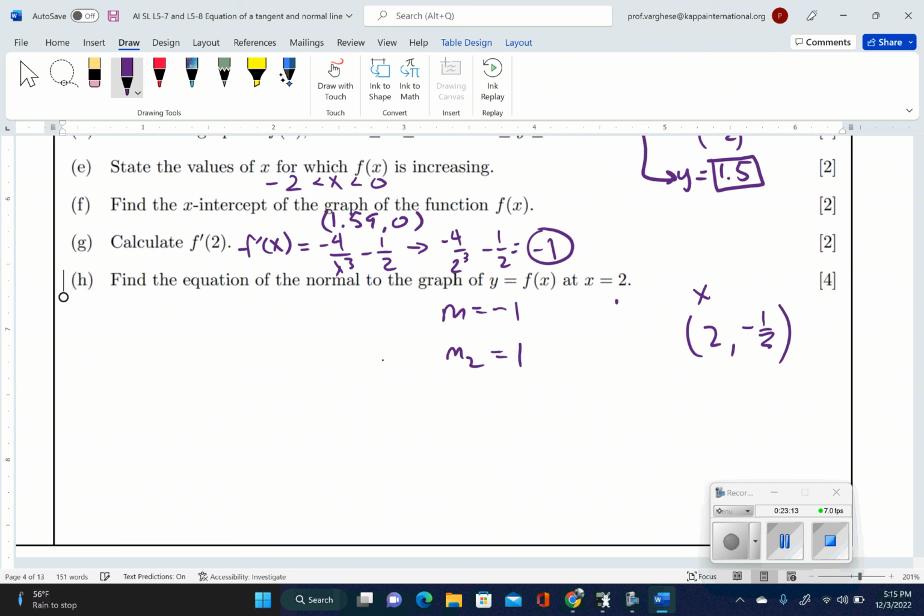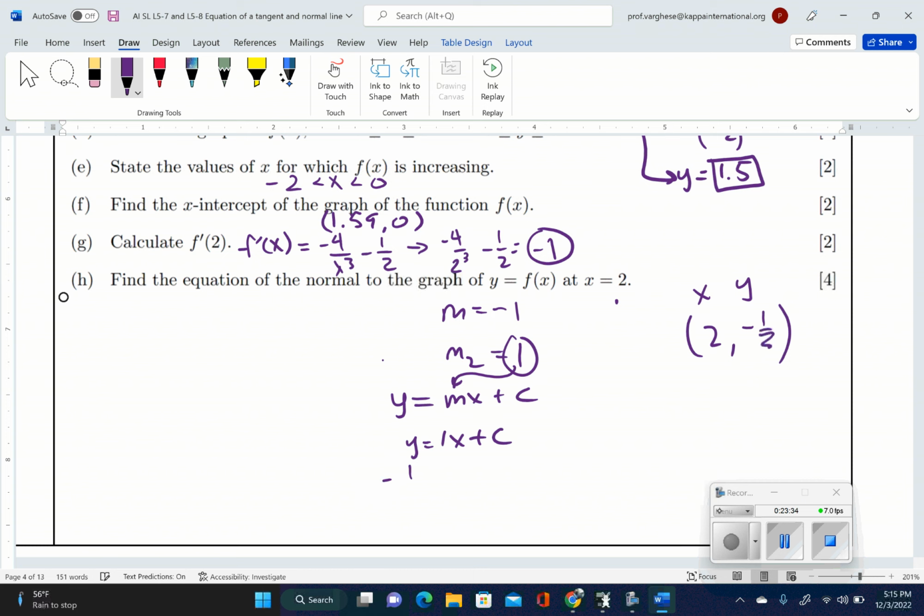So there's my x, there's my y, and now I'm going to plug this together. y is equal to mx plus c. I know that my m, my new normal, is going to be 1. So I have y is equal to 1x plus c. Here's my coordinate, y is -1/2.